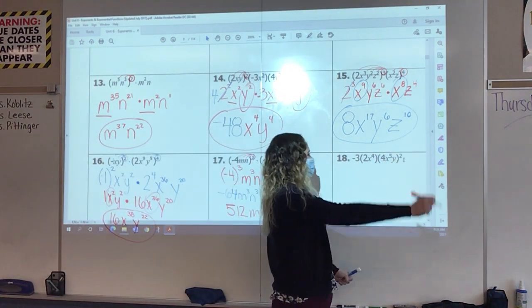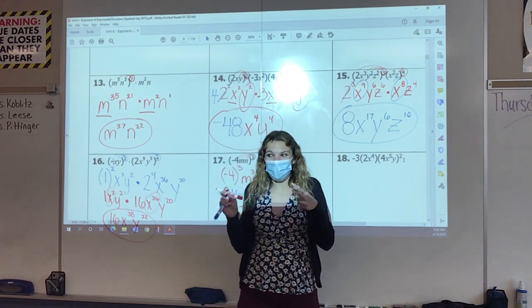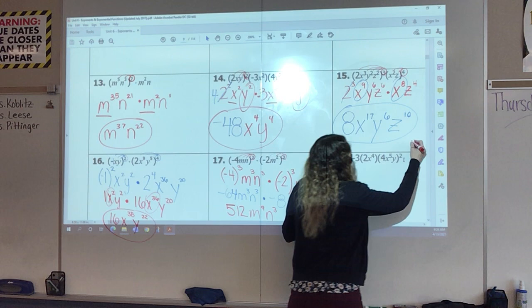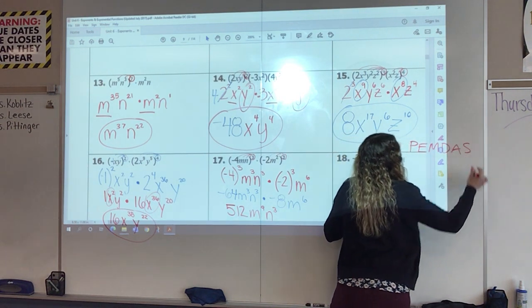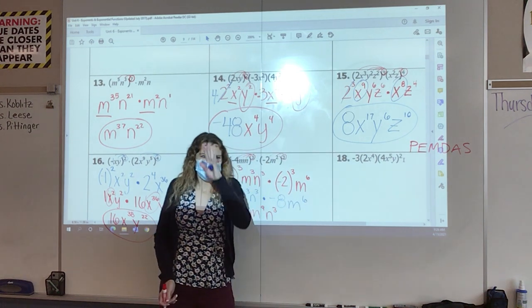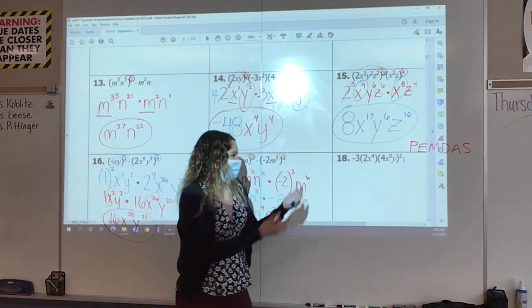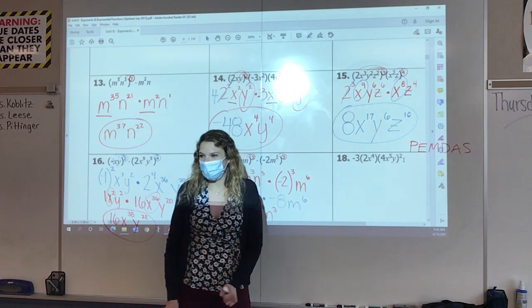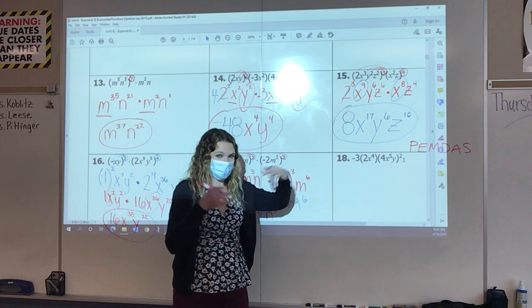Number 18. Okay, this looks complicated. However, let me start by saying parentheses, exponents, multiplication, division, addition, and subtraction. If you follow the order of operations, you will be fine. Parentheses first. All these parentheses just tell me that there's multiplication going on.